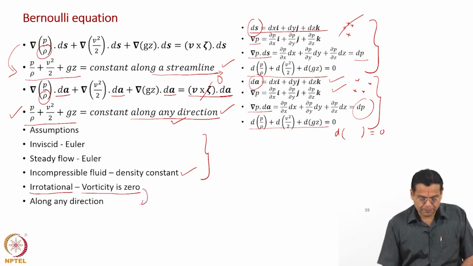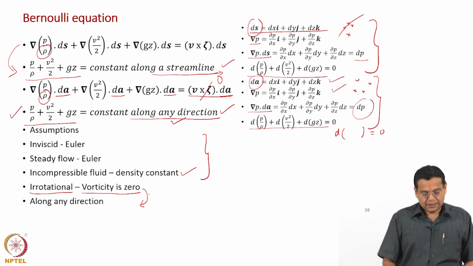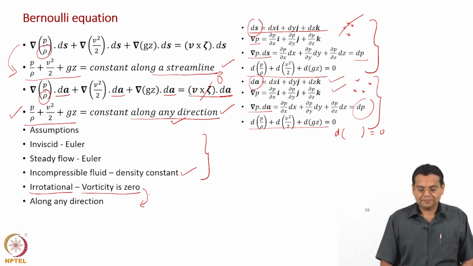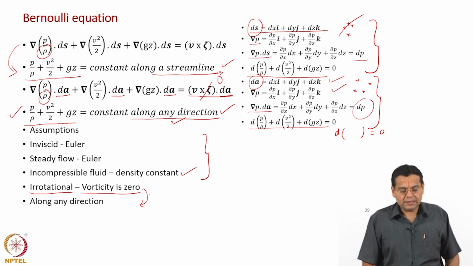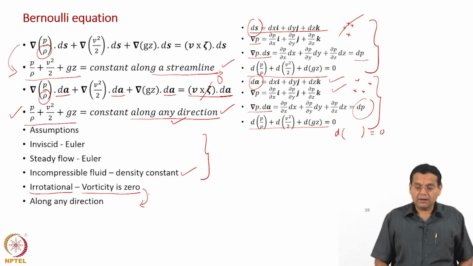Vorticity being 0 leads to the conclusion that the sum is a constant along any direction. If vorticity is not 0, if it is not irrotational, if it is rotational flow, then the sum of the energies is a constant along a streamline only, it cannot be constant along any direction.